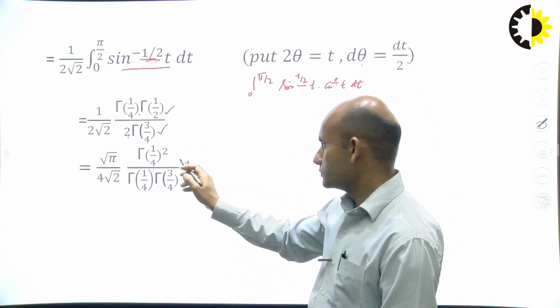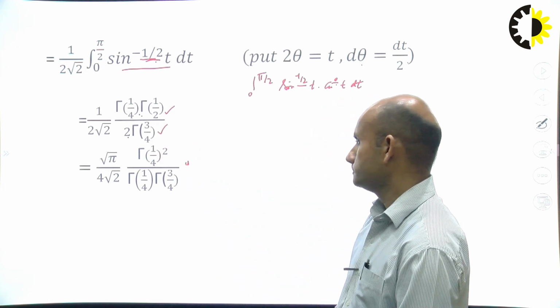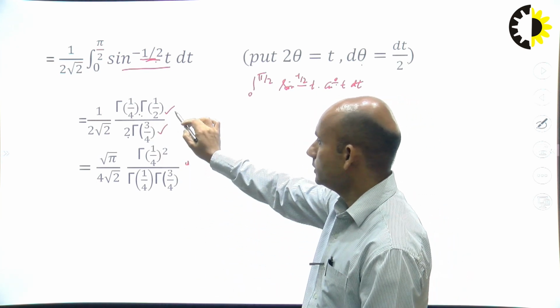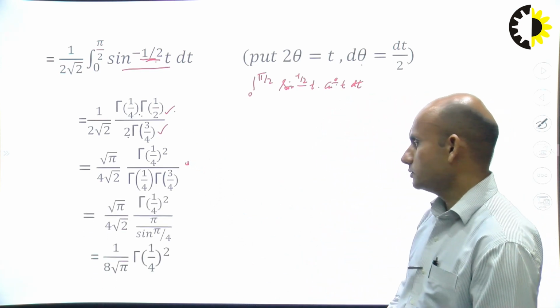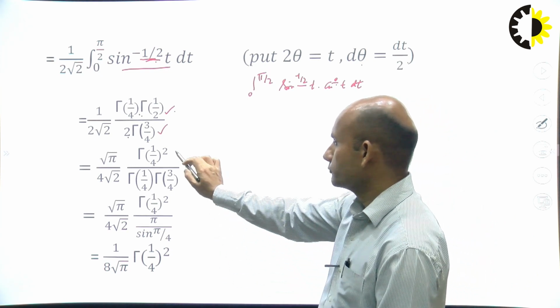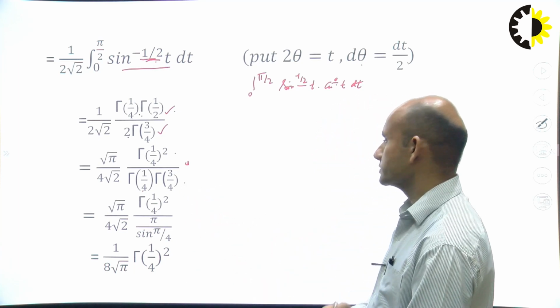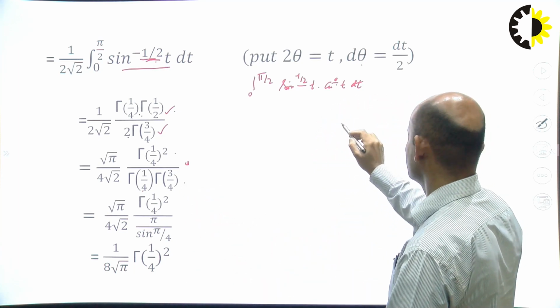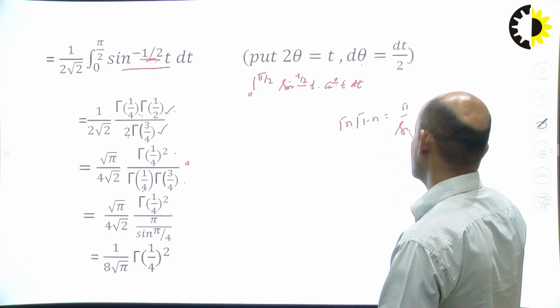So, we can solve this one. In the numerator we have gamma 1 upon 4 and gamma 1 upon 2, then 2 times gamma 3 by 4. We can simplify this one again with the help of a formula. Gamma 1 upon 2 is root pi, and gamma 3 by 4 is related to gamma 1 upon 4. So, we can discuss this one as we have discussed earlier: gamma n, gamma 1 minus n equals pi upon sin n pi.